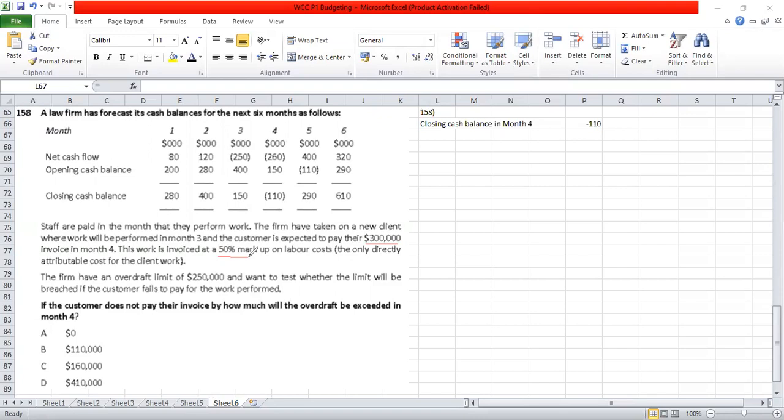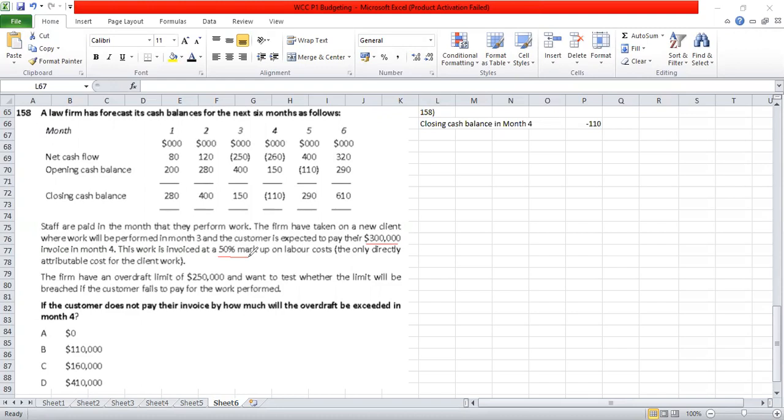So if they receive the 300 from the customer, no issue would be there. But what if the customer does not pay? If the customer does not pay, they have to meet their payment for the work done and they have spent already 300,000. So that 300,000 will have an impact on their balance.